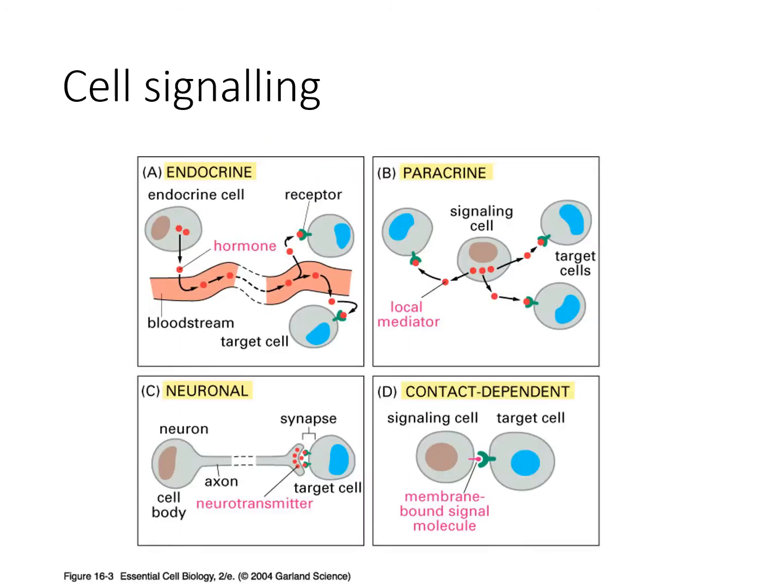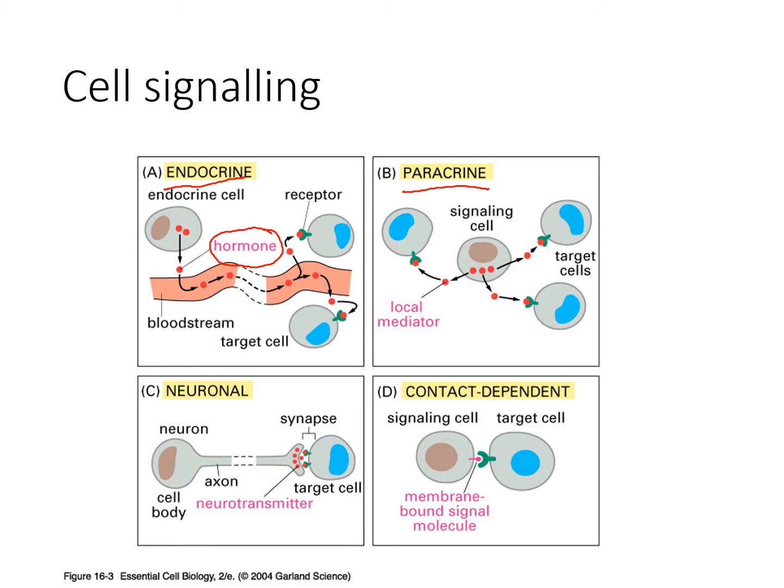There are four main cell signaling mechanisms in cell biology. The first is endocrine. In endocrine cell signaling system, they use hormone as the mediator or as the signal to the effector cell. Second is the paracrine. Paracrine is much more local compared to the endocrine system.